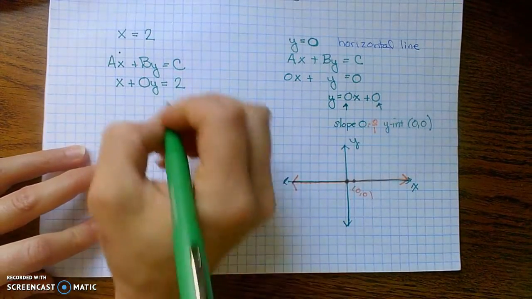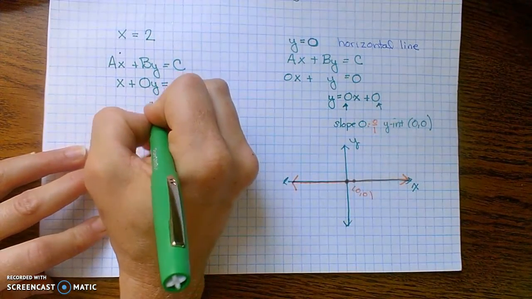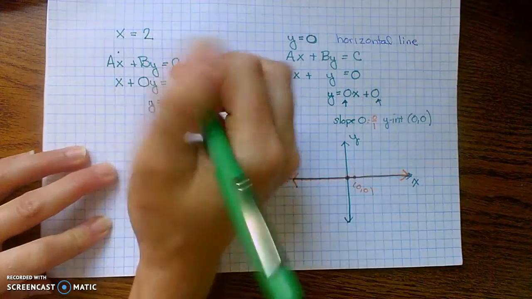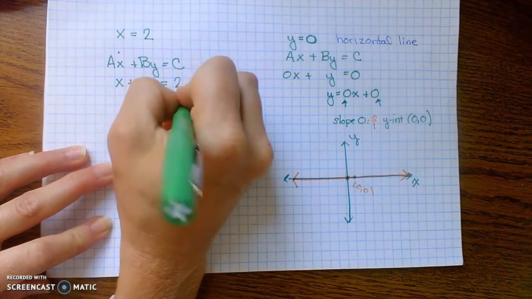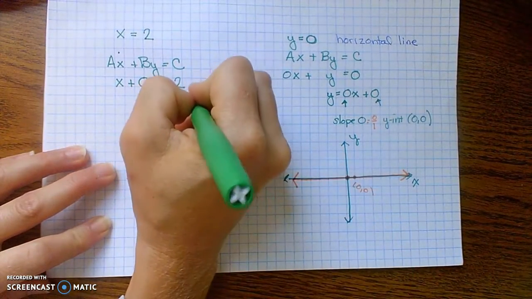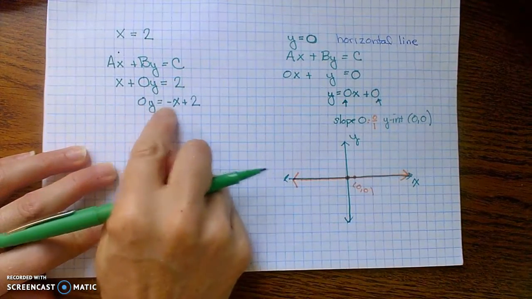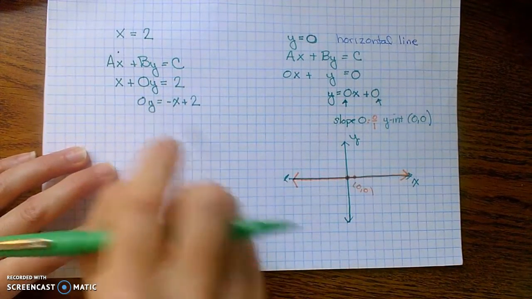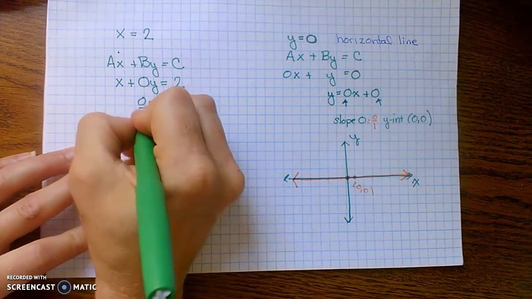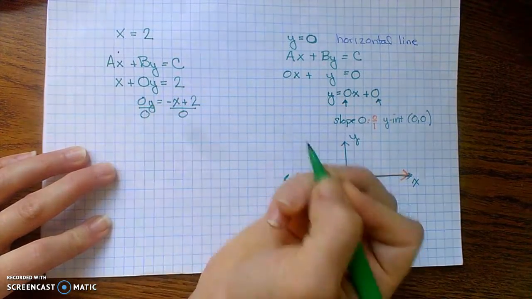Let me try and solve for y and see what I get. I'll subtract x from both sides, so negative x plus 2. That's 0y, sorry. 0y equals negative x plus 2. And then when we try and solve for y, you're going to want to divide by 0, right?